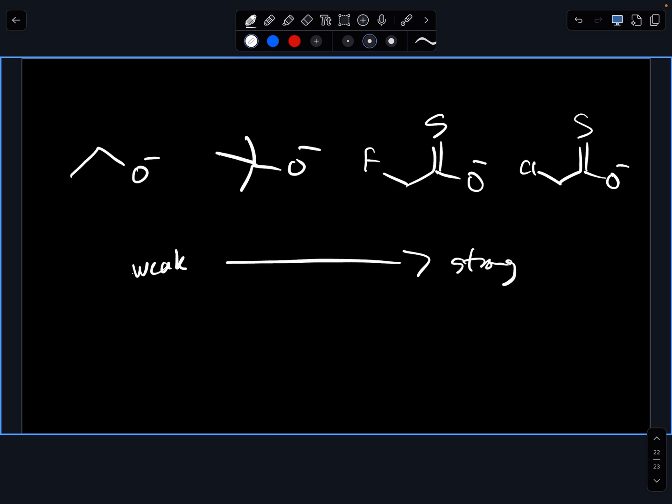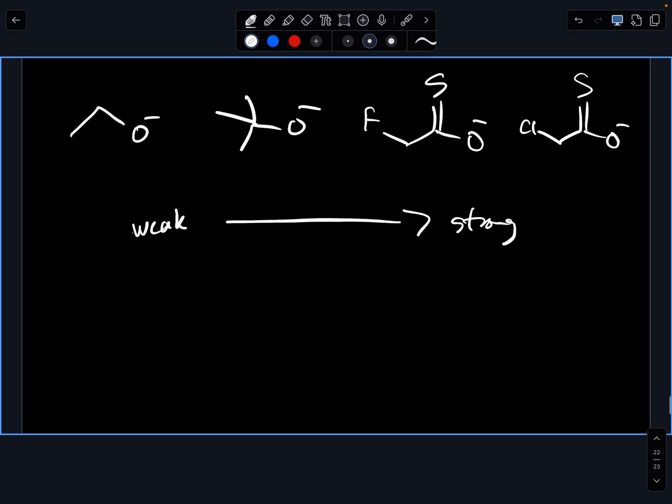There are 2 ways you could do this. One is you could add H plus to them all and rank the acid strengths, and the strongest acid is going to be the weakest base. Or you can just look at them like we have them. All of these are O minuses, so we don't have to worry about size or the electronegativity of the atom where the charge is, which are the first 2 things we use when ranking acid strength or base strength.